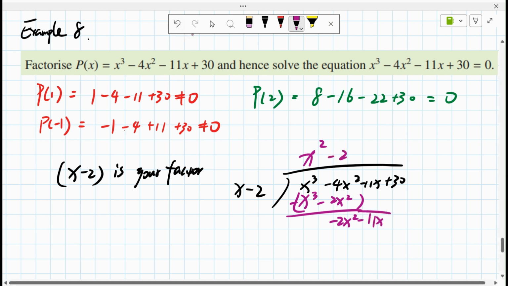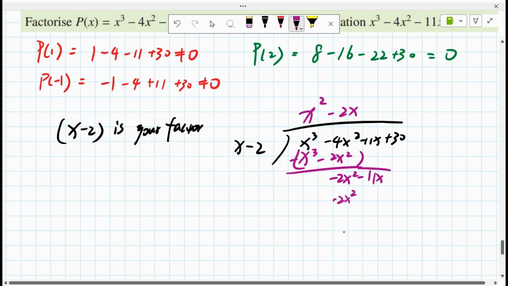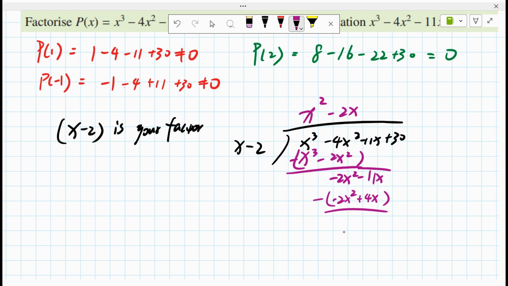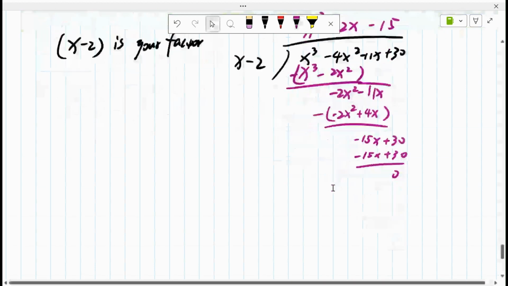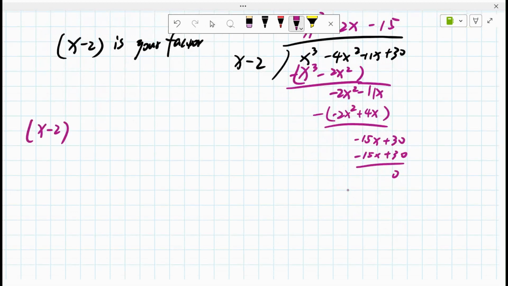Then minus 2x, so minus 2x squared plus 4x, leaving minus 15x plus 30. So minus 15, minus 15x plus 30, that equals 0. Perfect, the remainder is equal to 0 and we are on the right track. So x minus 2 times x squared minus 2x minus 15 equals 0.